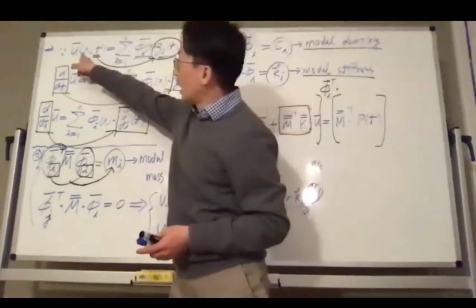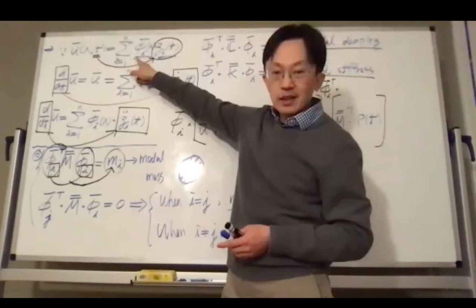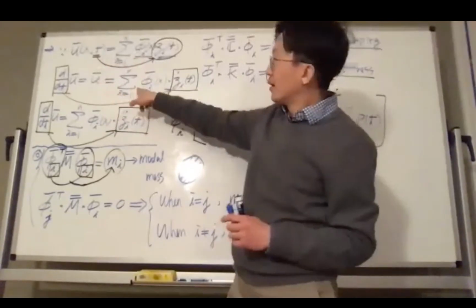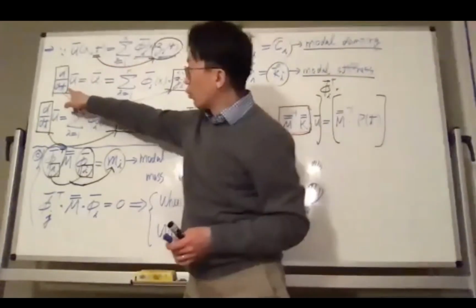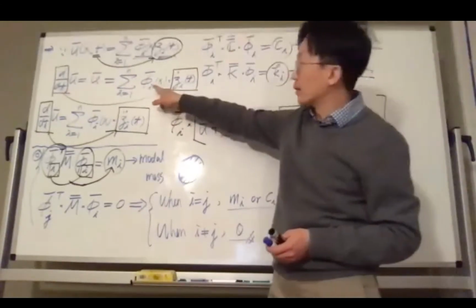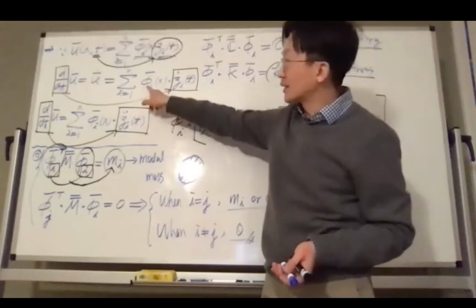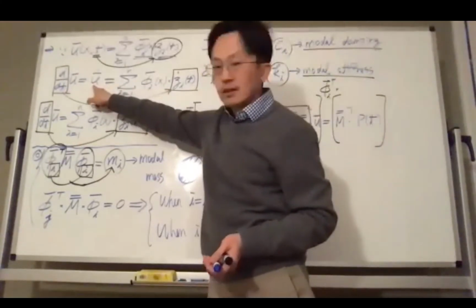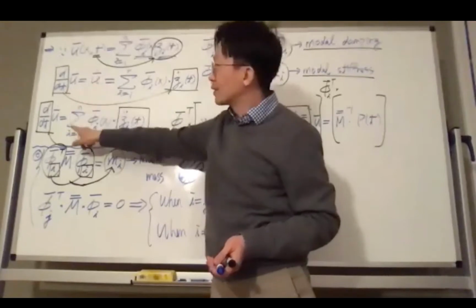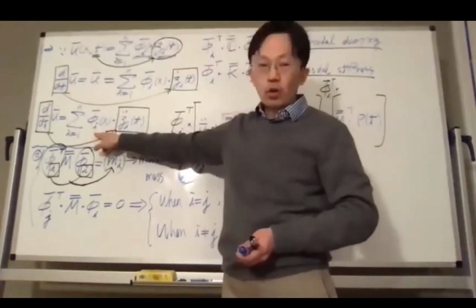Because for dynamic displacement, it has the mode-shaped vector in it, right? If you differentiate it again, this time derivative will only apply to the generalized coordinate, will not touch the mode-shaped vector, correct? So it's the same in the velocity vector, the same in the acceleration vector. The mode-shaped vector always remains untouched.